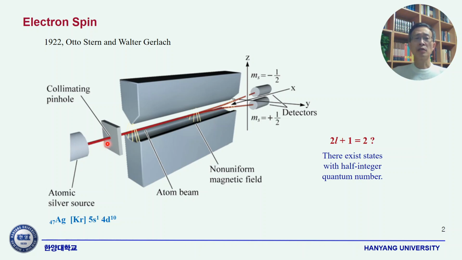So you are basically sending a one-electron system through the inhomogeneous magnetic field.